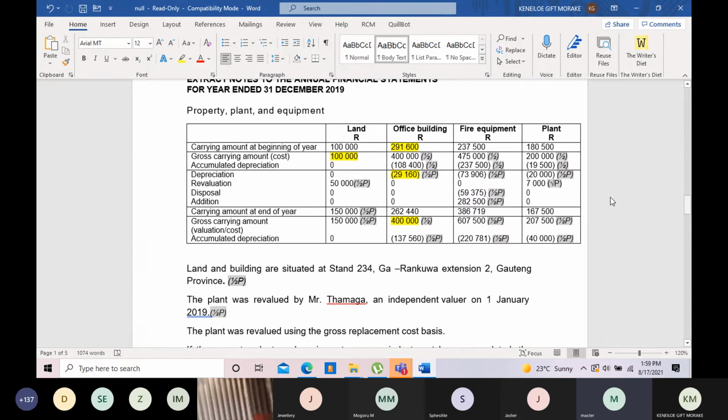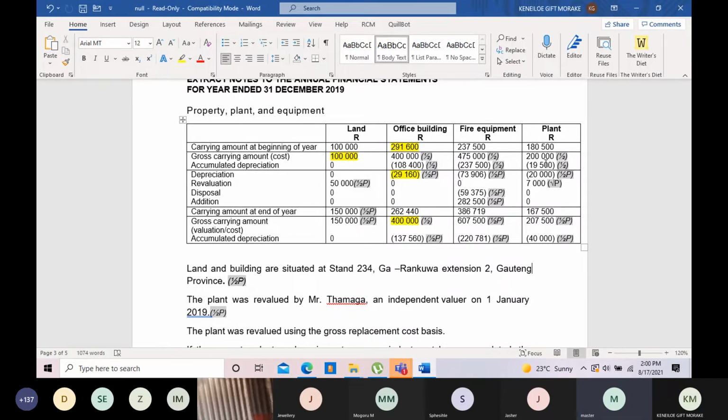You can see that there you had 200,000, but you didn't have the 19,500. How do you then determine that 19,500 as accumulated at the beginning? Remember there we had a residual value of 5,000. You take the 200,000, you subtract the 5,000, which is the residual value. Last time I told you that you treat the residual value in the same way as you treat the accumulated depreciation.